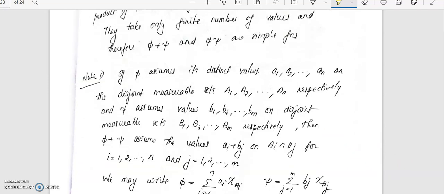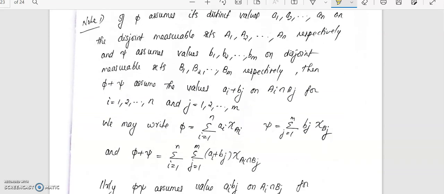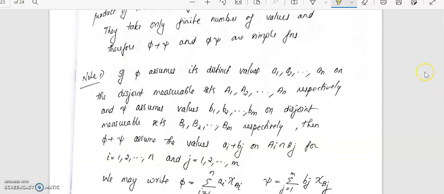Okay. Now we have seen the characterization of a simple function using phi and psi. For phi plus psi and phi into psi, you can represent them using the canonical form. Suppose phi takes the distinct values a1, a2, ..., an on disjoint measurable sets capital A1, A2, ..., An.